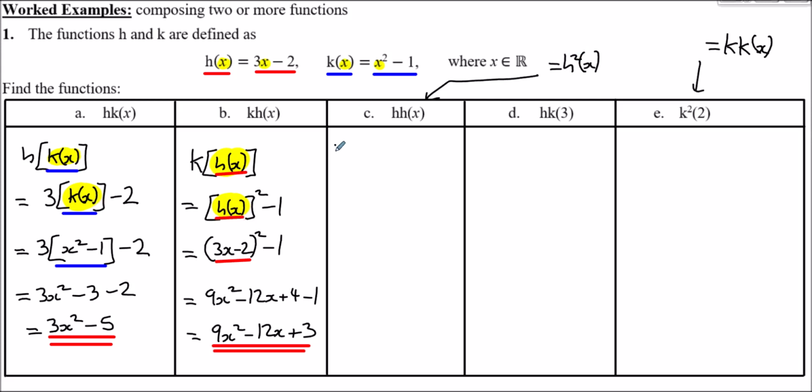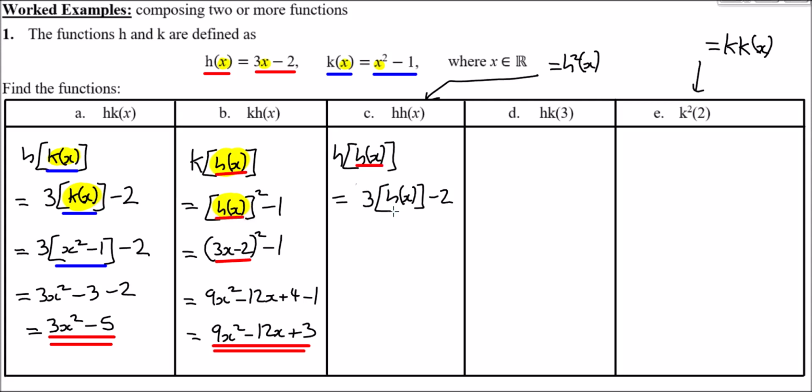So what is h of h of x going to be? Well, h takes something, triples it, then minuses 2. So it's going to be 3 lots of the input, which is itself h of x, minus 2.